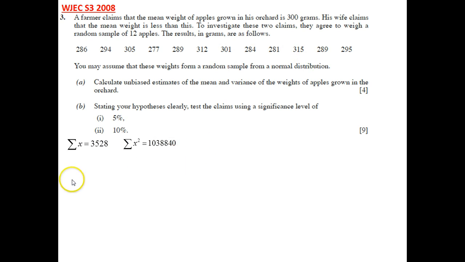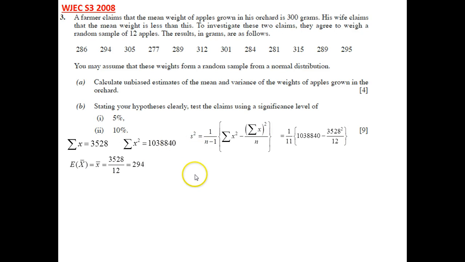Our estimate of the mean is the mean of the sample, which is 294. The variance we're going to estimate as S squared, so that comes to 146.18. So we need to test, is our mu 300 grams or is it less than that?